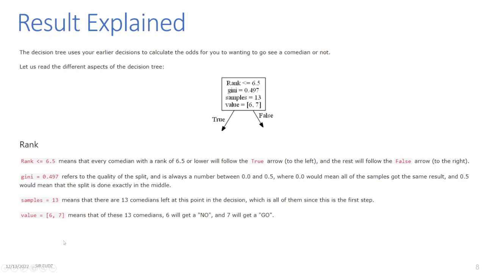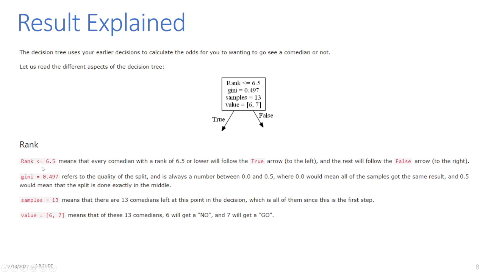So now let's try to explain the result with the tree. The decision tree uses your earlier decisions to calculate the odds for you two wanting to go see a comedian or not. Let us read the different aspects of the decision tree. So we have the rank, the Gini, samples, and value.